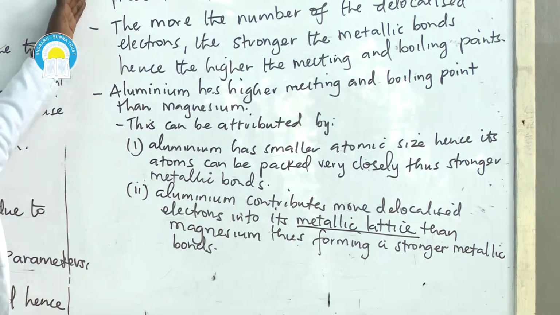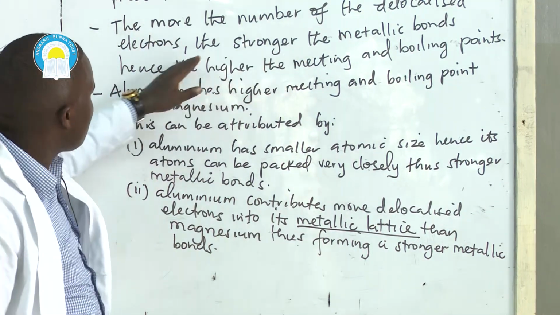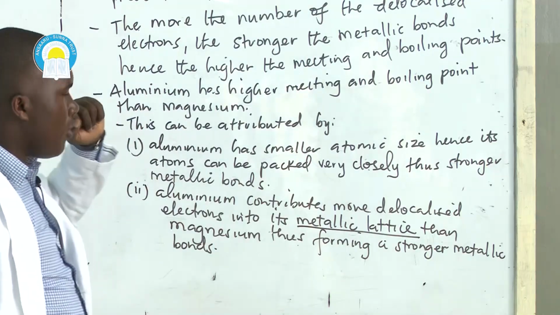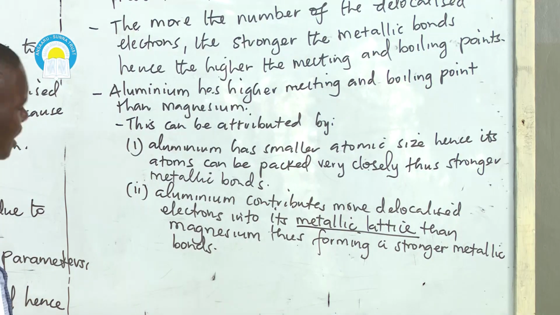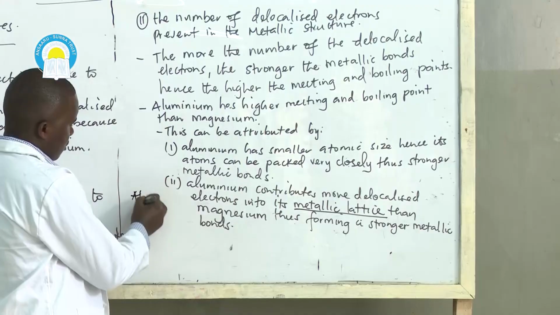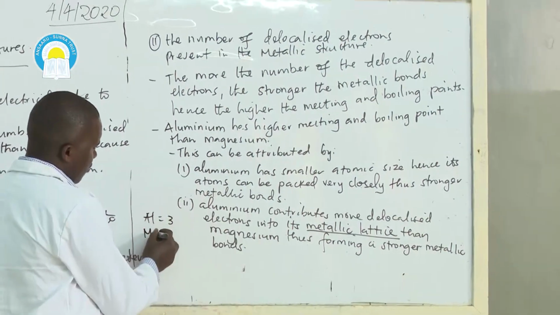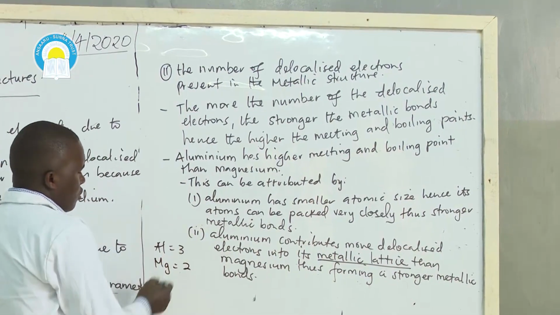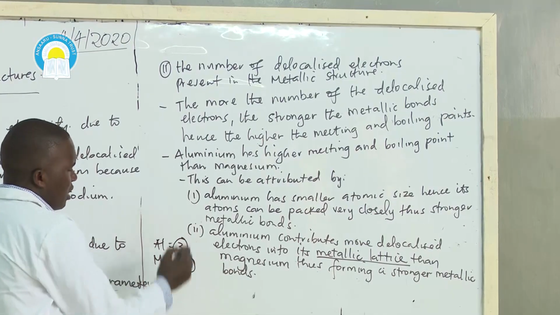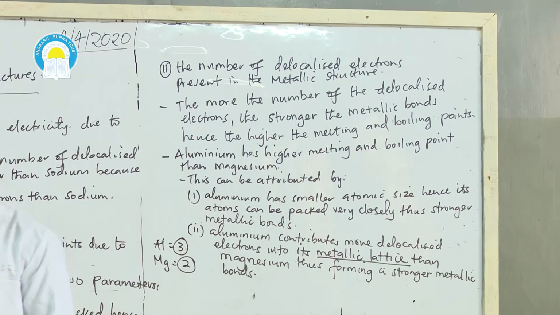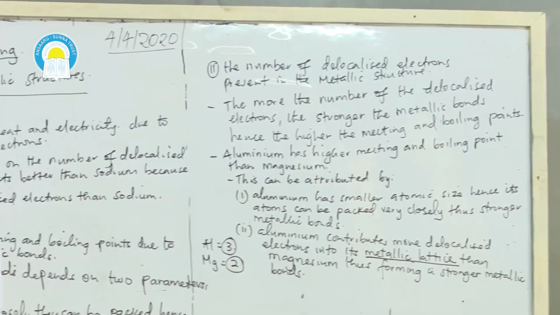We have just seen that the more the number of delocalized electrons, the stronger the metallic bonds. So aluminum will contribute 3, while magnesium will contribute 2. So the one with 3 will have a stronger metallic bond than the one with 2.